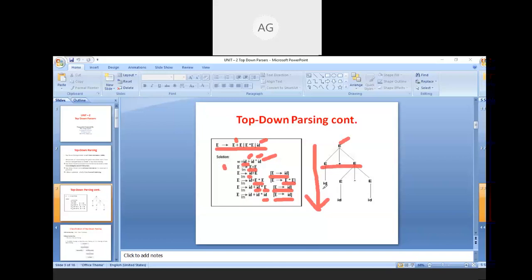After that we convert this E into ID, and now this E can be converted to E into E, and after that this E is replaced by ID, and finally this E is replaced by ID. So finally we get id plus id into id. So here we adopted the top down approach, and that's why it is termed as top down parsing.